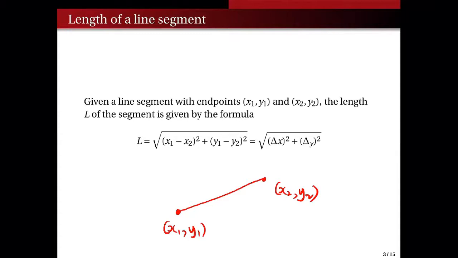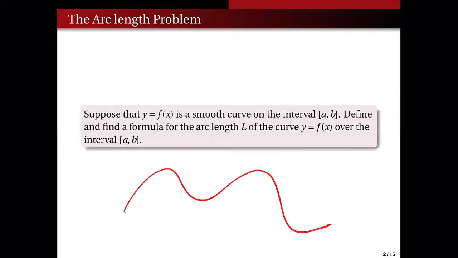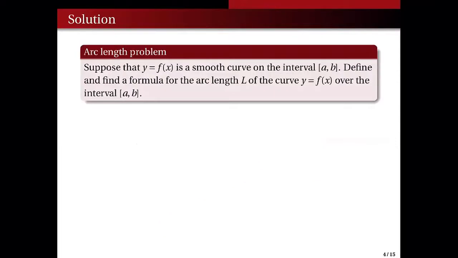So the problem is, can we actually use that formula in order to find the length of this curve in here? Suppose that y equals f of x is a smooth curve on the interval AB.